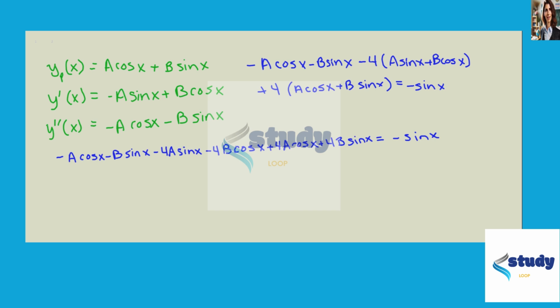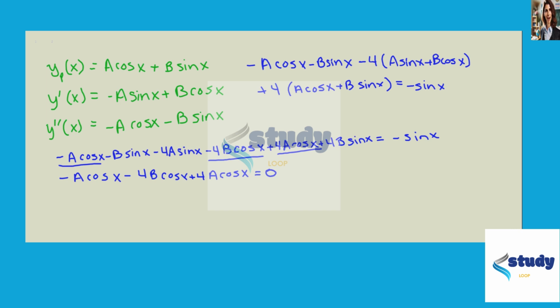So pulling out my commonalities, I have negative a cosine of x minus 4b cosine of x plus 4a cosine of x, and that's going to equal 0 because I don't have a cosine.